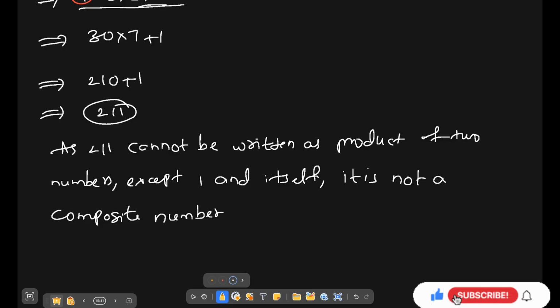So this is the reason for this one. As we cannot express 211 as product of two numbers, it is not a composite number.